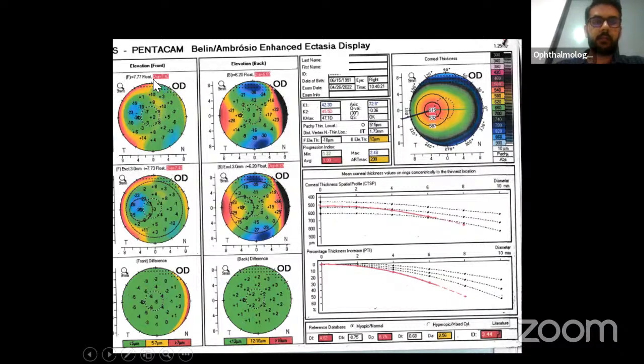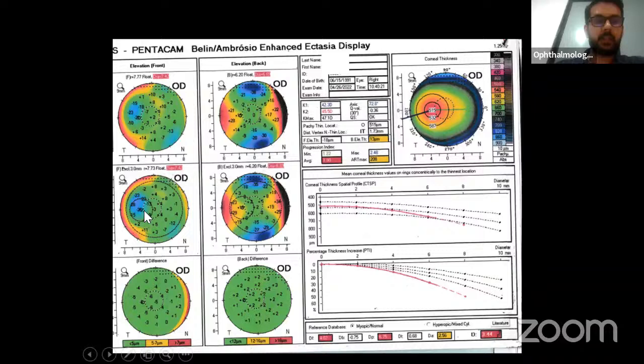For the right eye, front elevation is about +2 at the center of the pupil, +8 superiorly, and +8 similarly inferiorly. But if we look at the area that we were concerned about, here it is a depression of -23 in the raw data map. That means that this area is depressed when compared to a sphere.